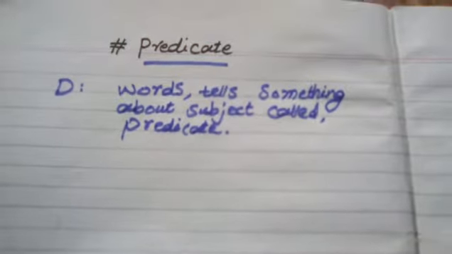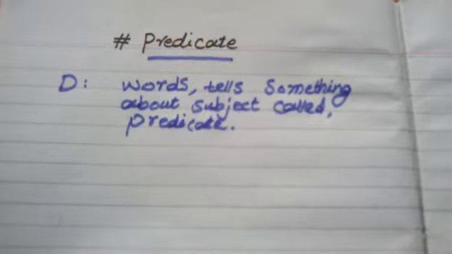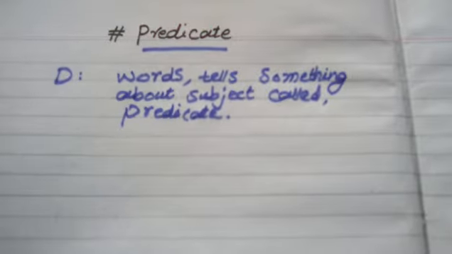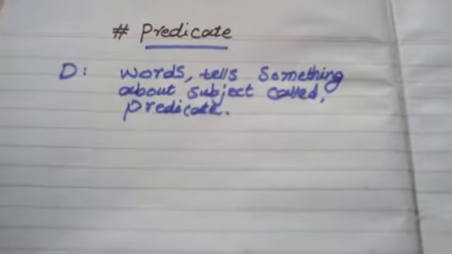In every sentence we use a different subject, an actor or something, but the predicate tells different things about that actor.